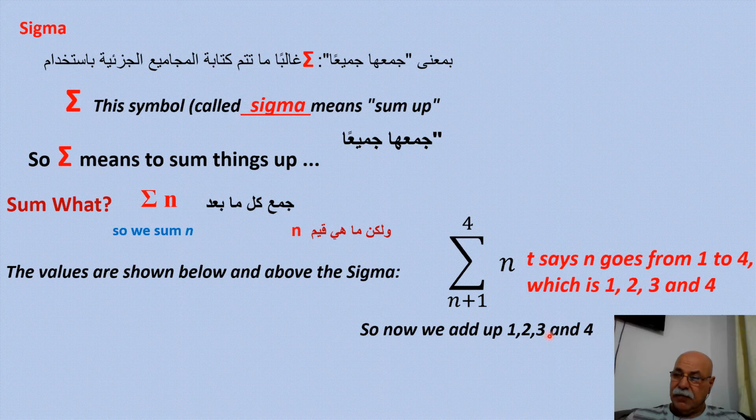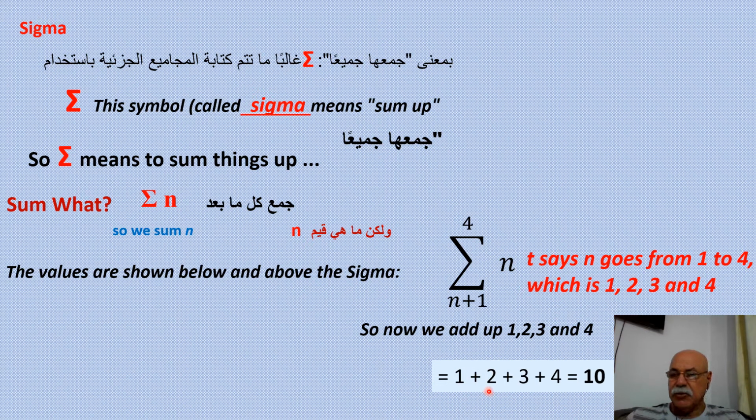Now after we calculate this, we get 1 plus 2 is 3, plus 3 is 6, plus 4 is 10, meaning the value of n is 10. 1 plus 2 plus 3 plus 4 is 10.